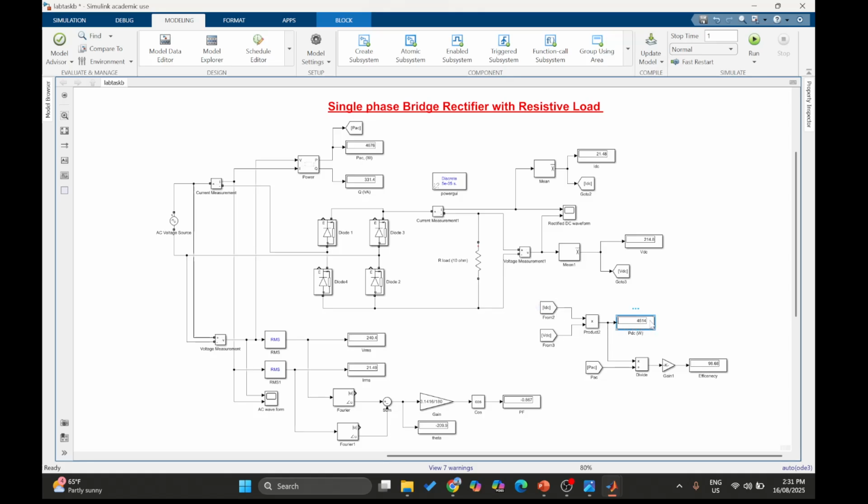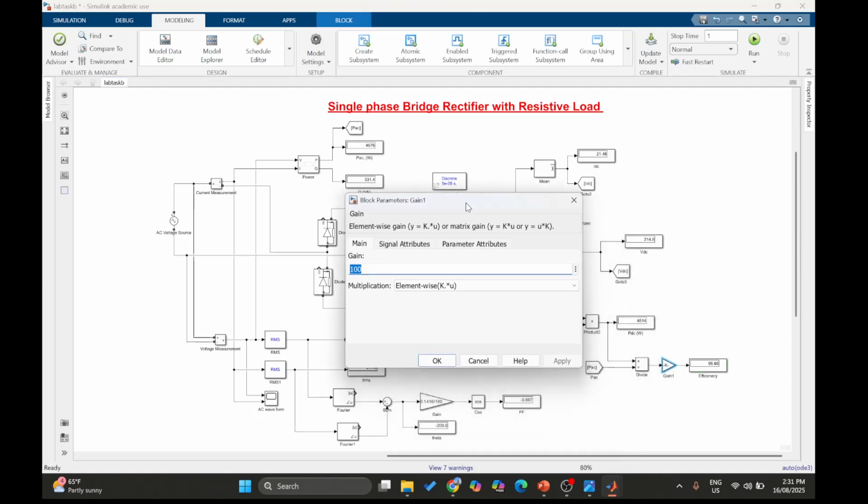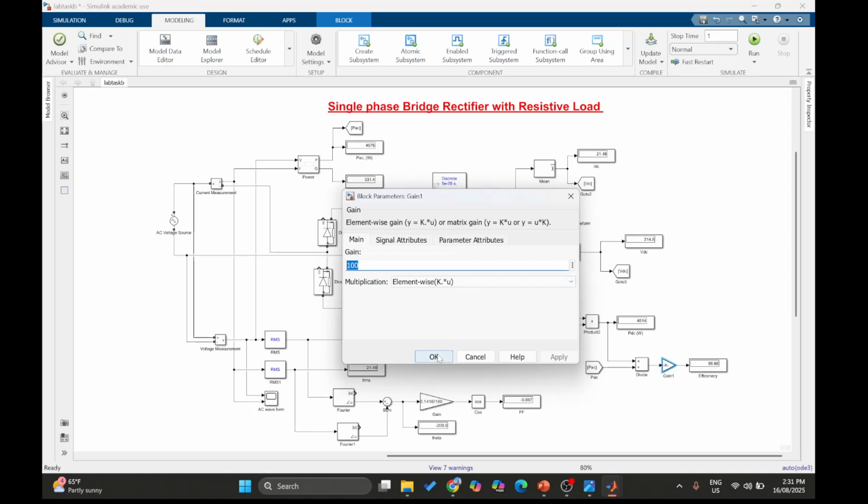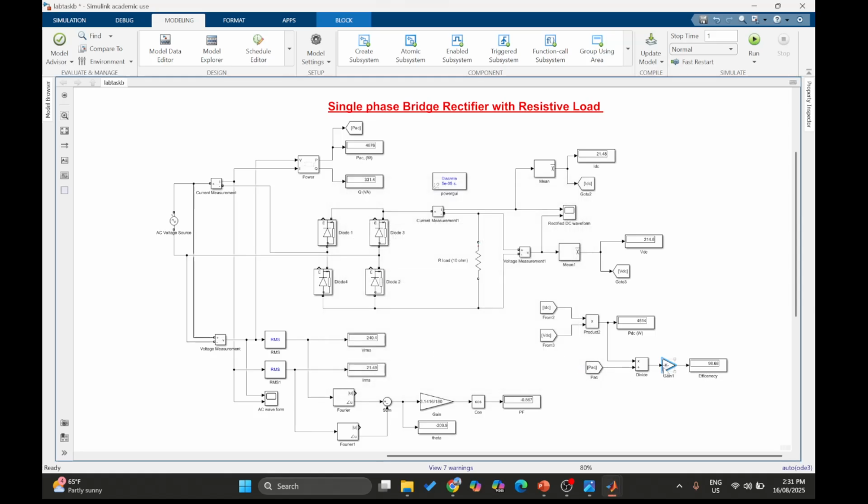Then I have used a go-to block at the input AC power, and by dividing the output by the input I'm getting efficiency, and by multiplying with a gain of 100 I'm getting efficiency in percentage.